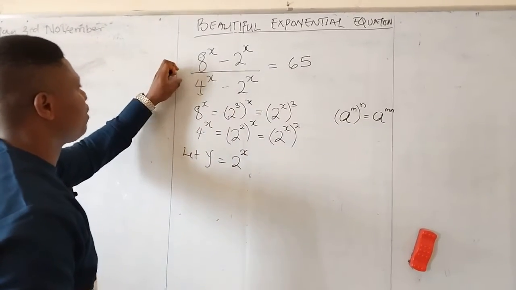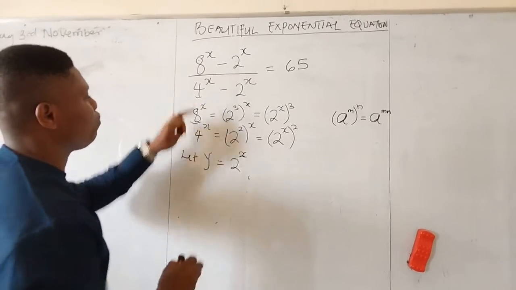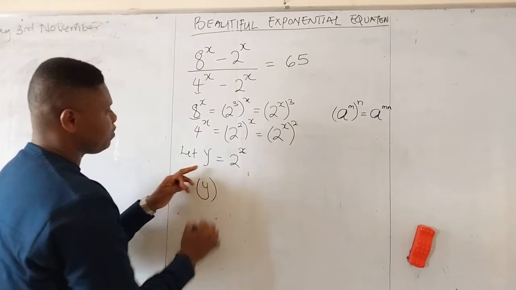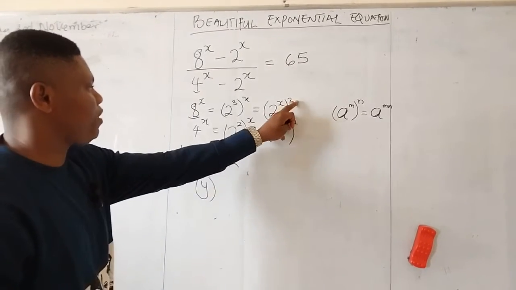So that means instead of 8 raised to the power x, I'm going to be putting y, then everything raised to the power 3.